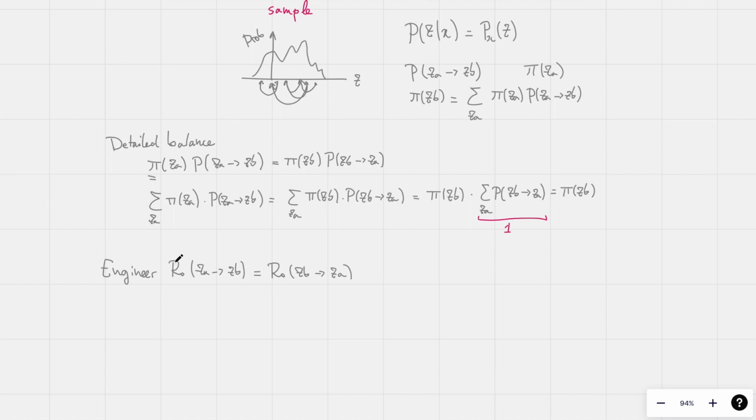And if we have this, then we are ready to propose a complete solution that will allow us to get a random sample from that distribution.